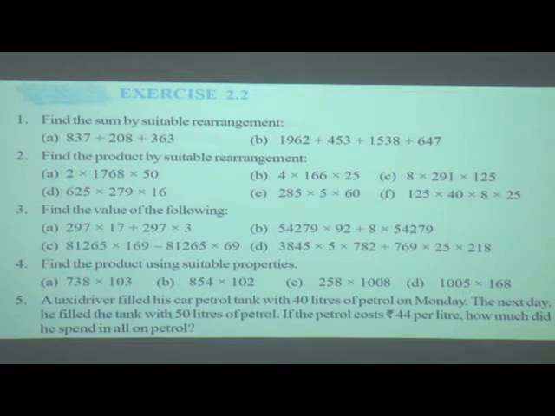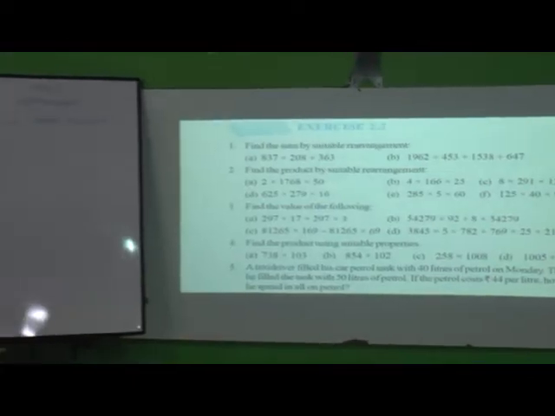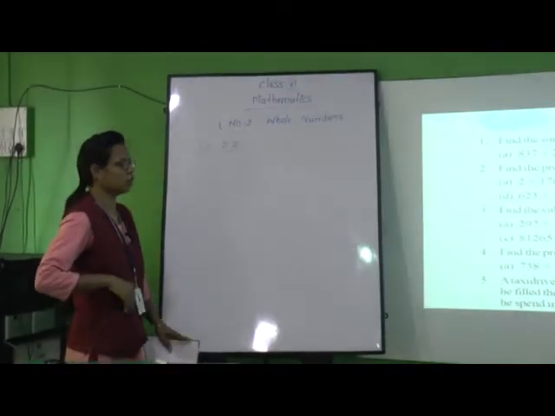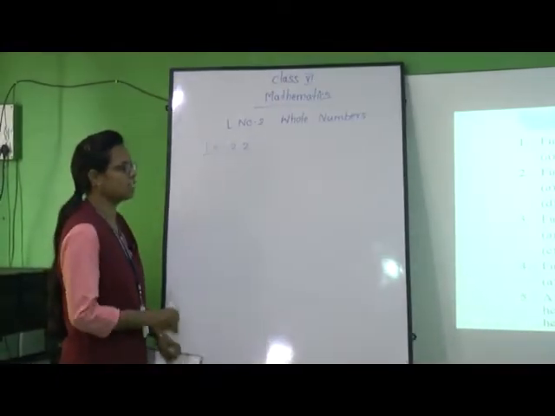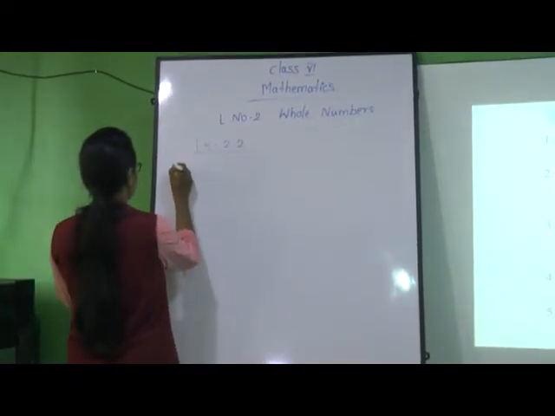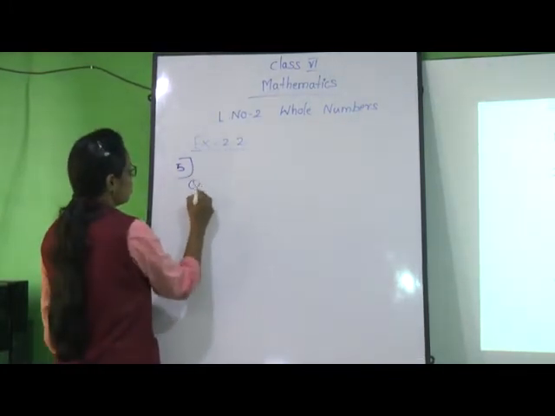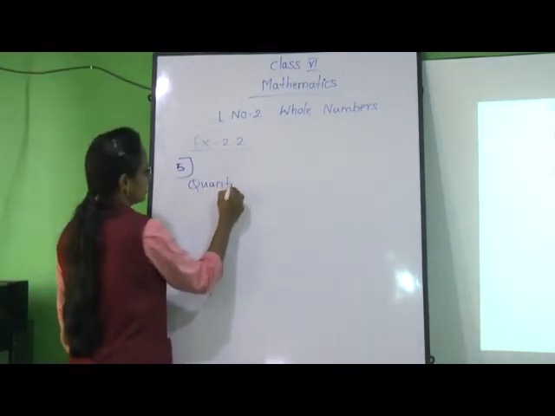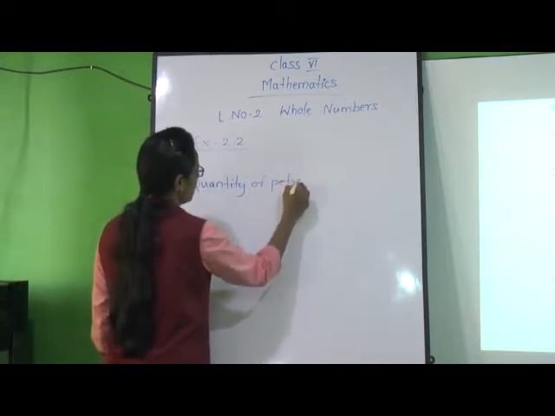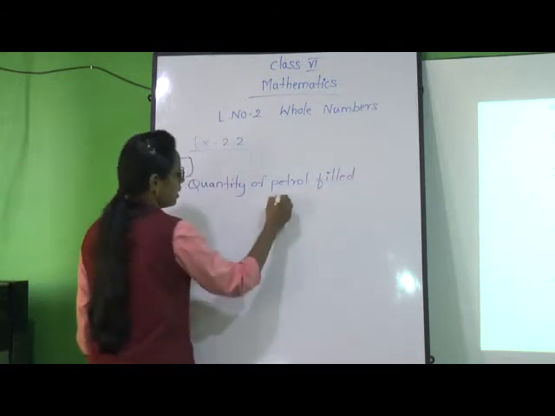Now this is the word problem. We are going to solve it. Students, as this is a word problem, we have to solve it by writing the statements. So let us write the statements. It's question number 5. Quantity of petrol filled on Monday.